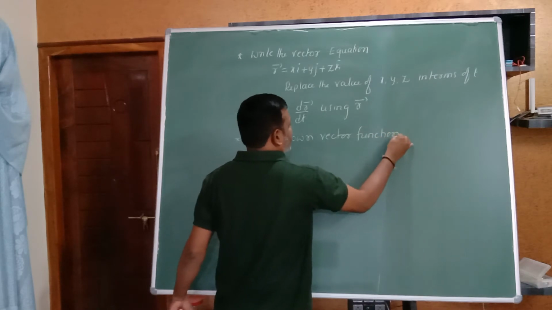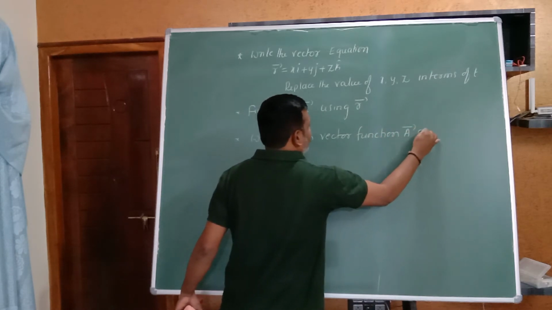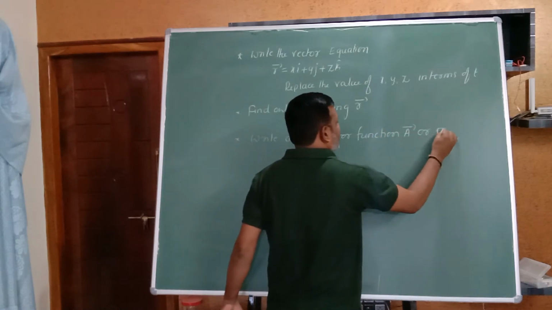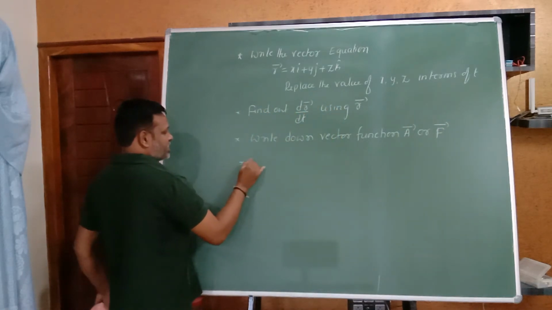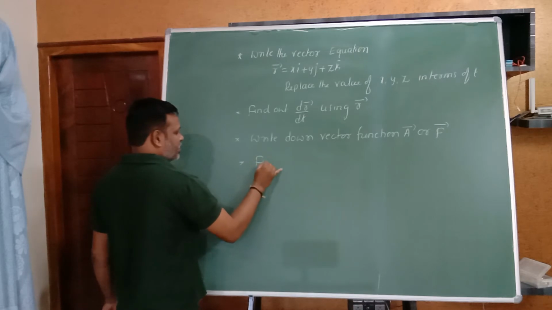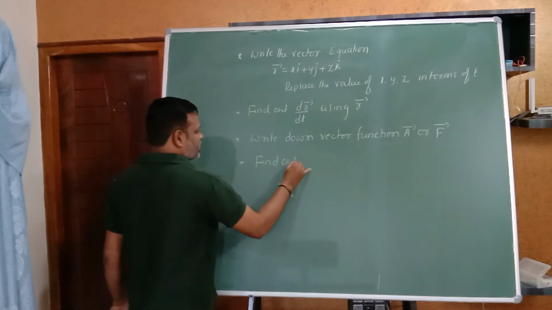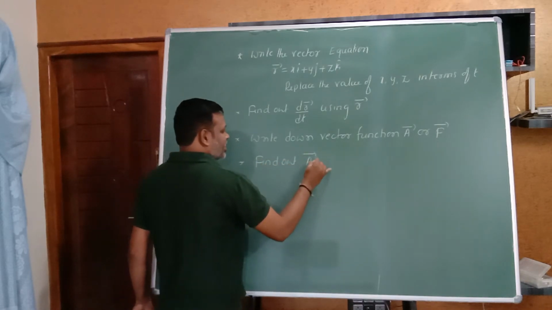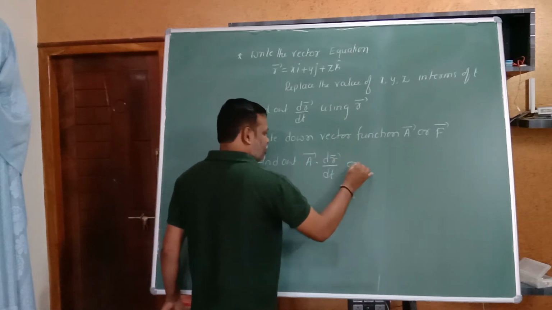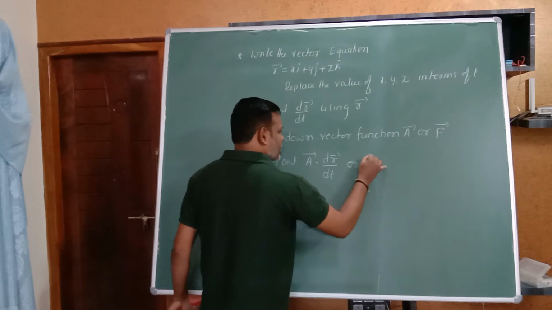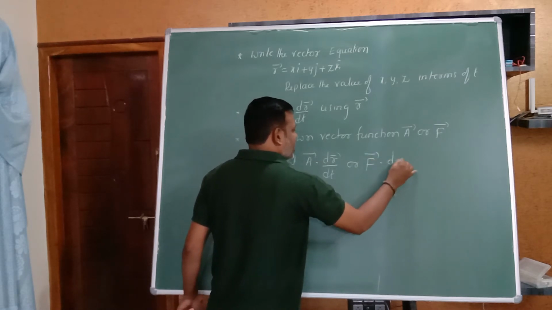If they are given in terms of A, write down A, or if they are given in terms of F, write down F. Then the next step is to find A vector dot dr by dt, or instead of A we can use F vector dot dr by dt.